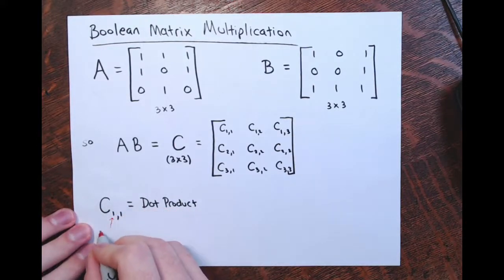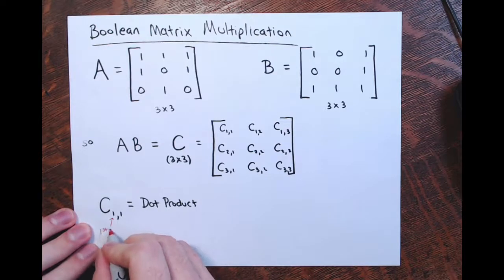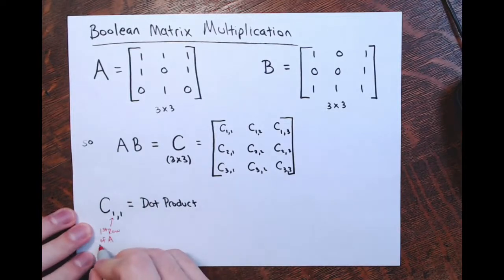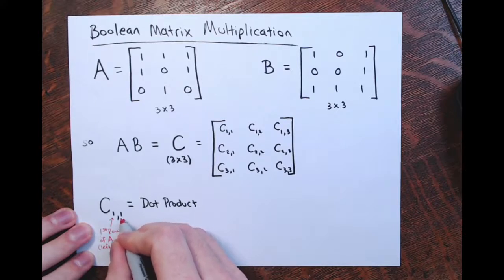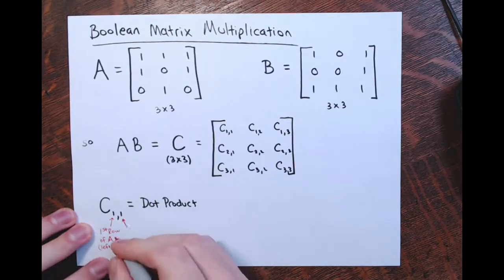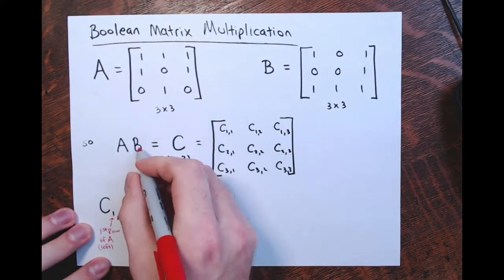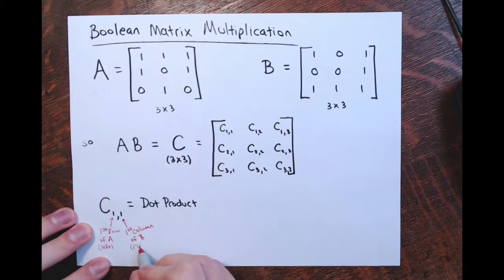So you're going to use the first row of the left matrix, which is A in this case, and then do the dot product with the first column of B, or the right matrix, right? The matrix on the right of this product.